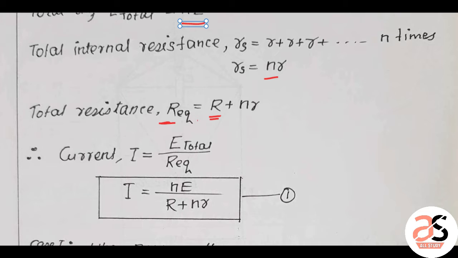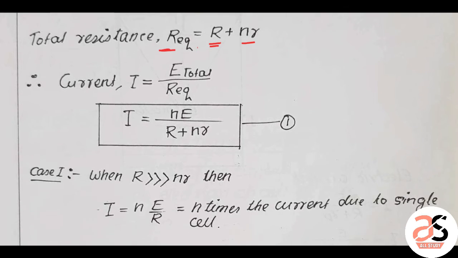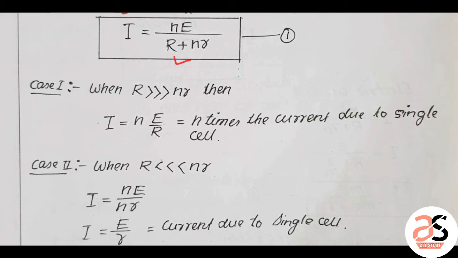Total equivalent resistance will be external plus internal, that is R plus Nr. So what is the current flowing in the circuit? Total EMF by total resistance: I equals NE by R plus Nr. This is the expression for electric current.